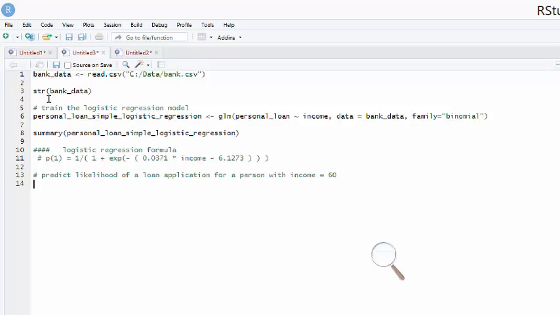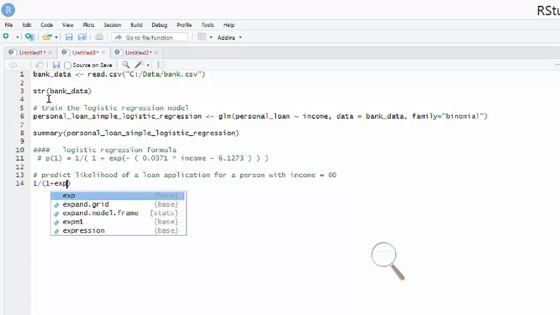Here's what I'm going to do. I'm going to tell R to compute quite literally the formula for me. So 1 divided by 1 plus, can you guess how we create exponentiation? EXP, just like in Excel.